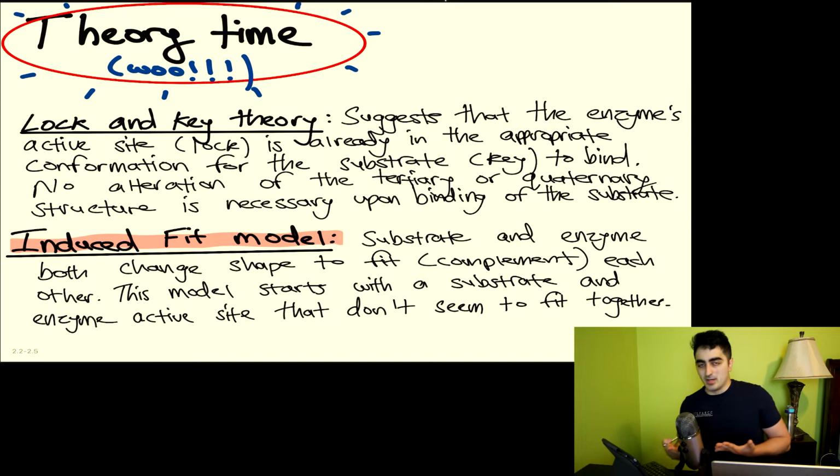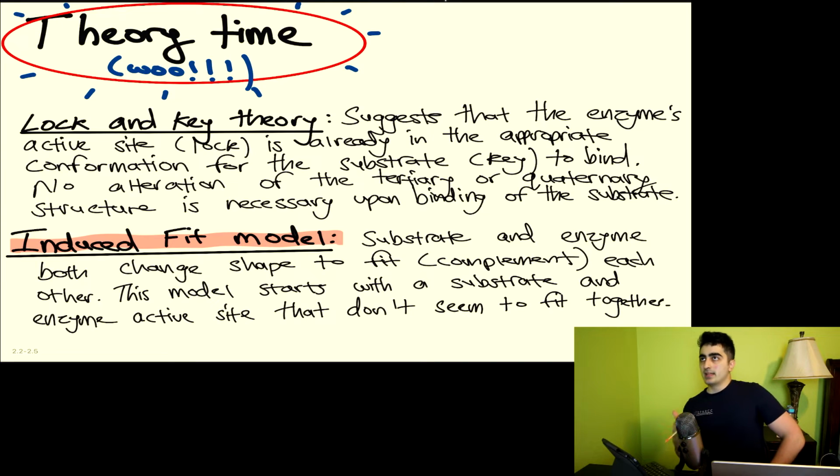Now the induced fit model is something that I really want you to know. I want you to know both, but the induced fit model is extremely, extremely important on this page because, I don't know, you might be asked about it. So the induced fit model says the substrate and the enzyme both change shape to complement each other. This model starts with a substrate and enzyme active site that don't seem to fit together.